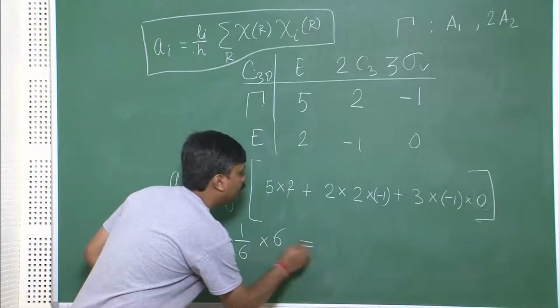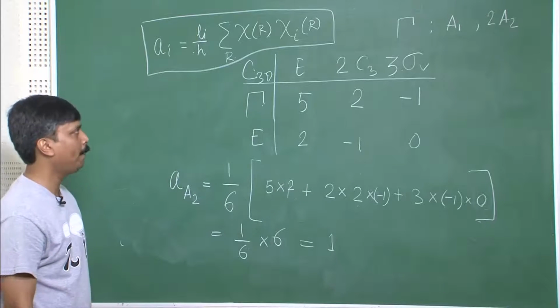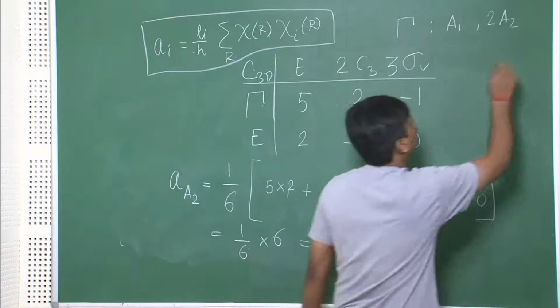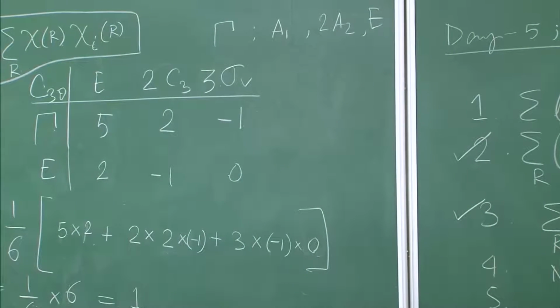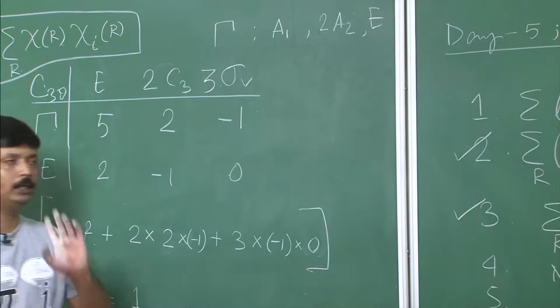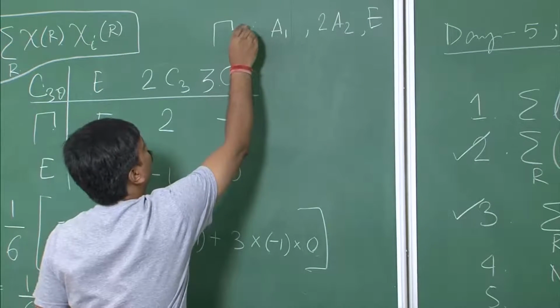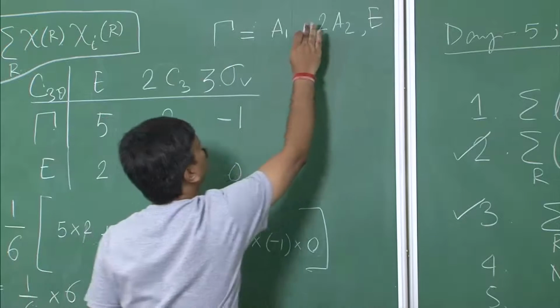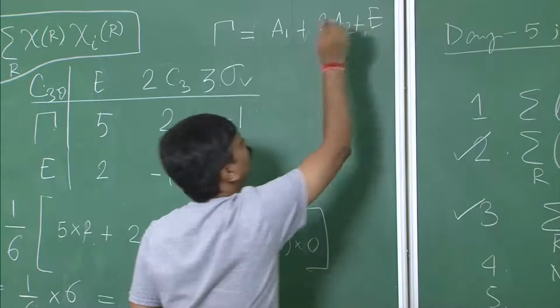So I get equals to 1. Okay. So I get the E irreducible representation only once. So what I can write now, this gamma which was reducible equals to A1 plus 2A2 plus E.